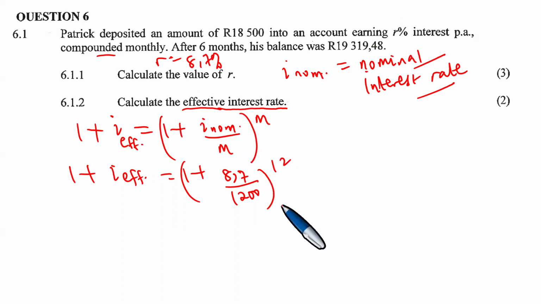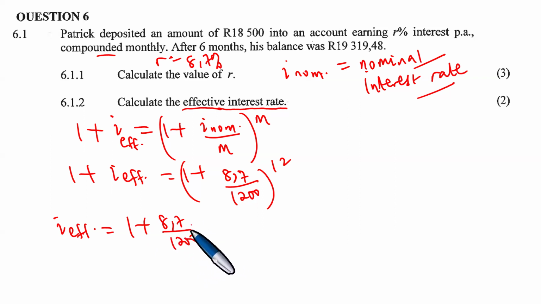We want to compute the effective rate, so you write I effective is 1 plus 8.7 divided by 1200, raised to the power 12, minus 1. This becomes the effective rate.